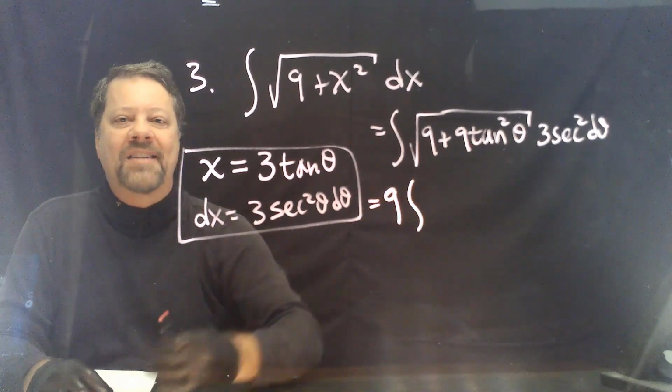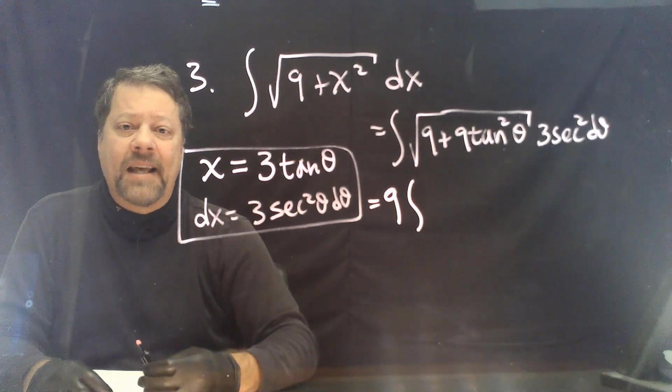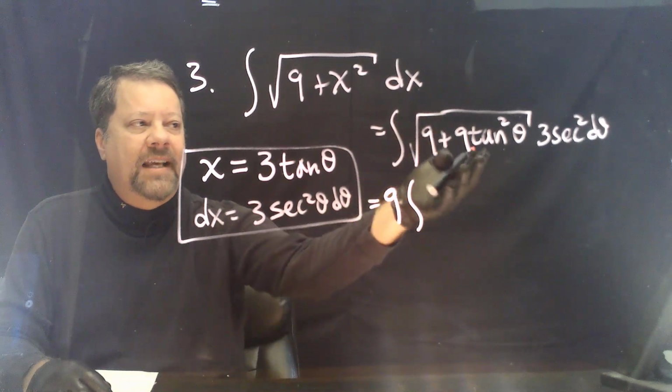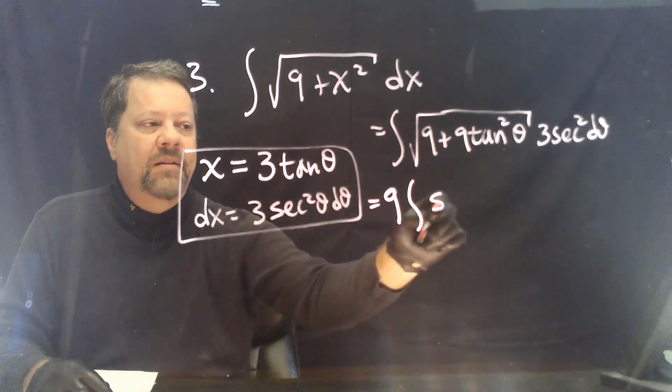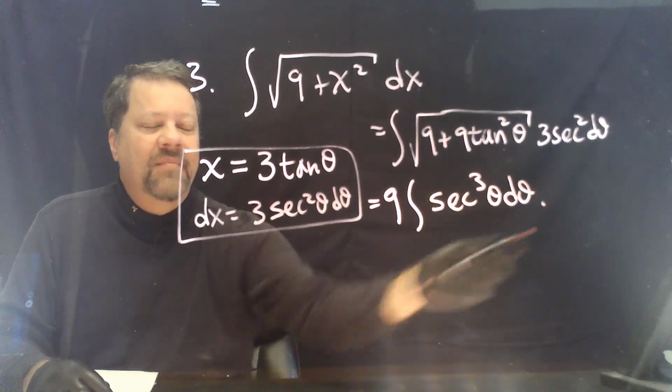We'll have 1 plus tangent squared under the radical. According to the identity, that equals secant squared theta. The square root of secant squared theta is secant, combined with the secant squared. We're integrating secant cubed theta d theta.